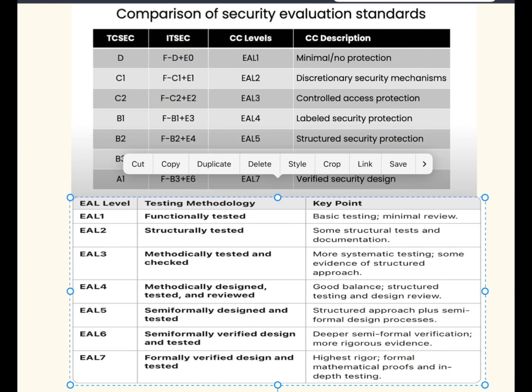That's why EAL4 is common in commercial products, balancing security plus cost, while EAL7 is typically used for high security environments. This table reminds you how testing and evaluation become more rigorous as you move from EAL1 to EAL7.